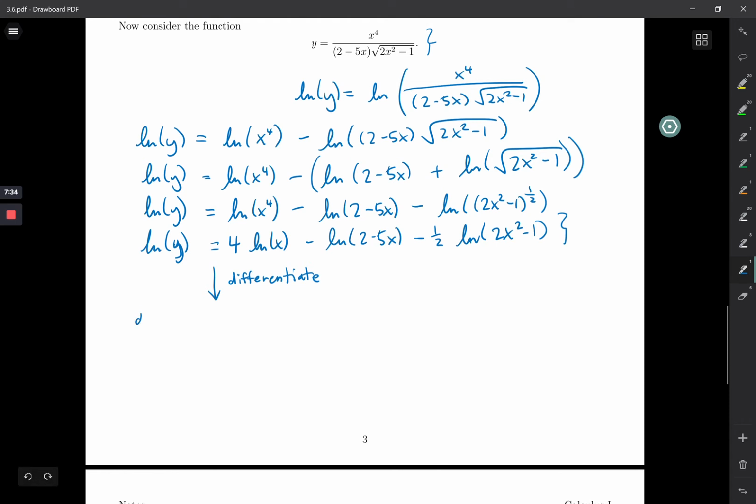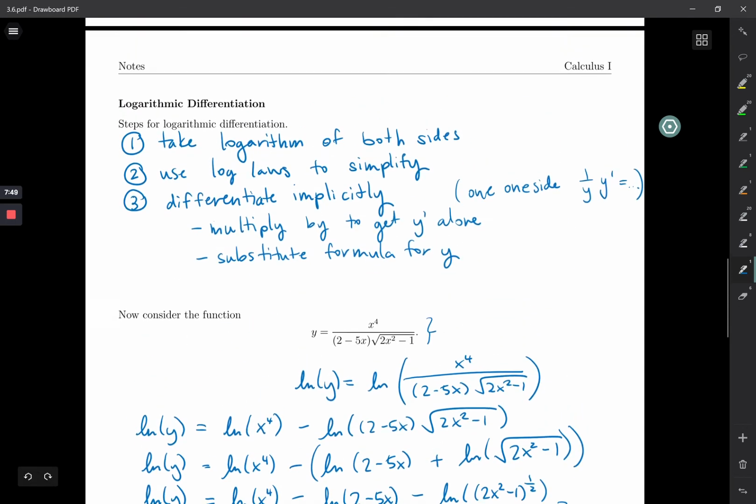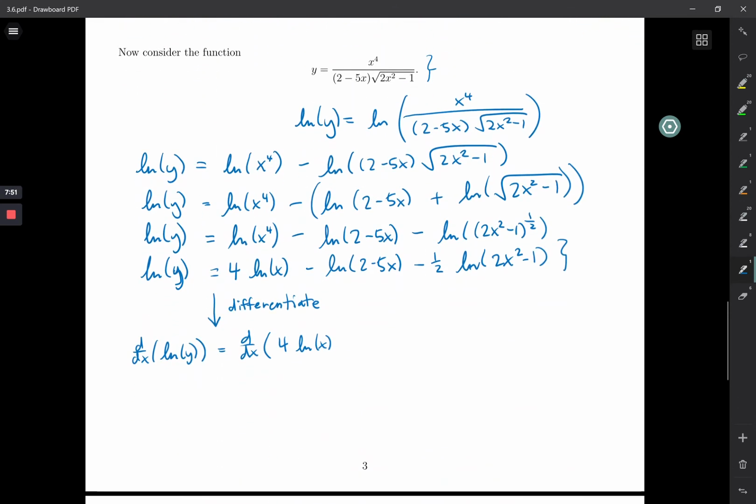Okay, so just to do this in more than one step, I'll write, so we're differentiating, that means take the derivative of both sides. We've now started our implicit differentiation, so we're now in step 3, right?